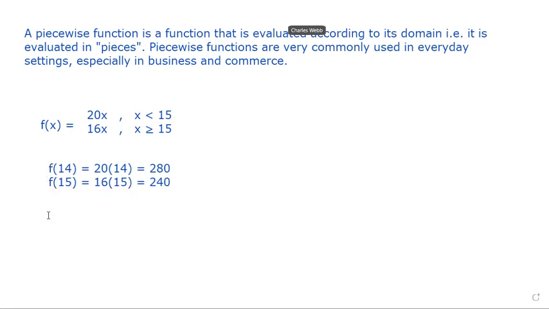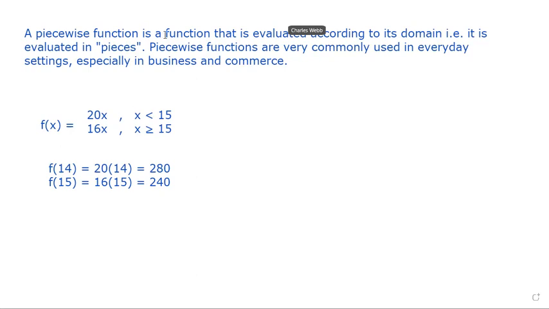So even though it's kind of hard to comprehend, it's cheaper to buy 15 rose bushes than it is to buy 14. And it's a lot cheaper to buy 15 at a time than just say buying 14 and 1, or 7 and 8, or 10 and 5. It's the way that they have the function set up to kind of get you to purchase more in bulk.